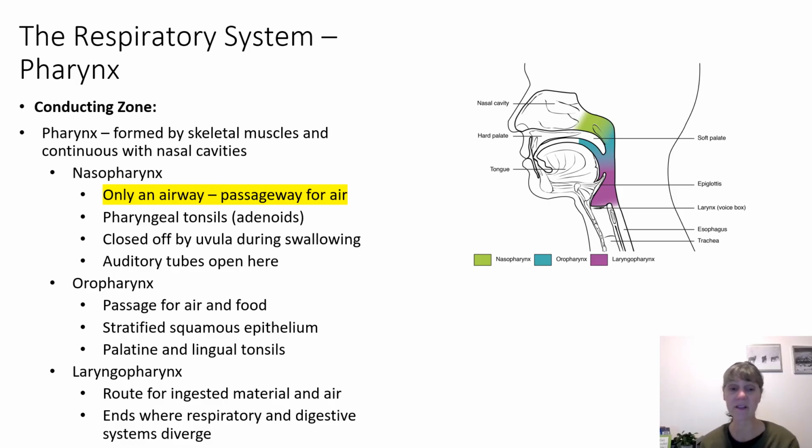Then finally we have the laryngopharynx, which is a pathway for ingested material as well as for air, and this ends where the respiratory and digestive systems split into two different pathways. So the respiratory system is going to continue down the trachea, which is that main tube for air, and then the esophagus is the continuation for the digestive system.